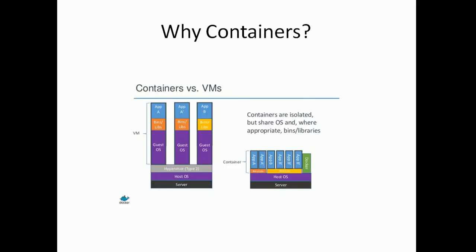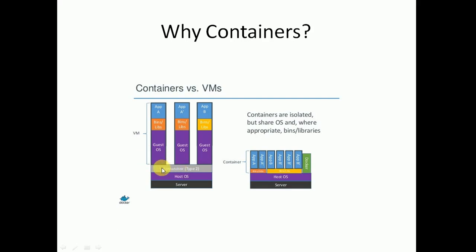Now coming to containers. On the left side, this is the architecture of the VM which we just discussed. Here you can see the hardware, on top of that there is a host OS, on top of that a hypervisor, and on top of that the guest OS.